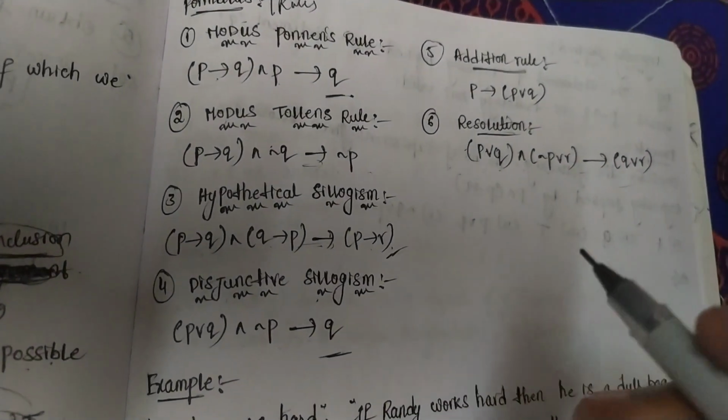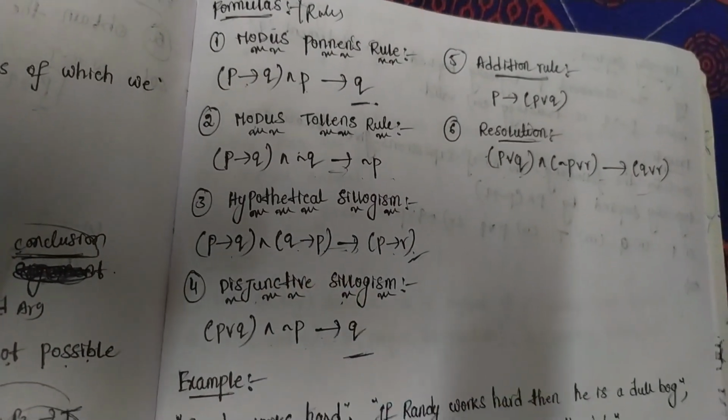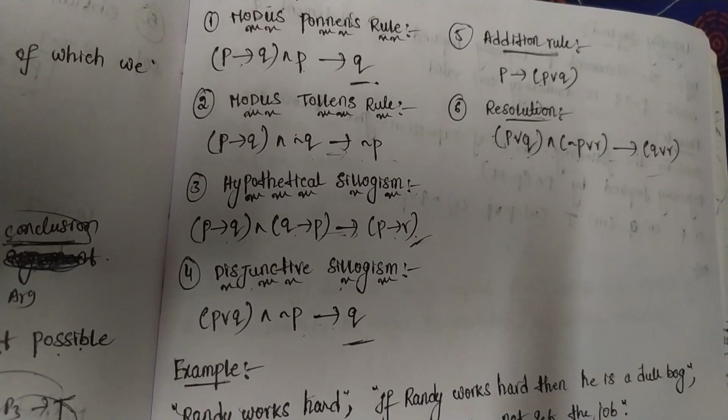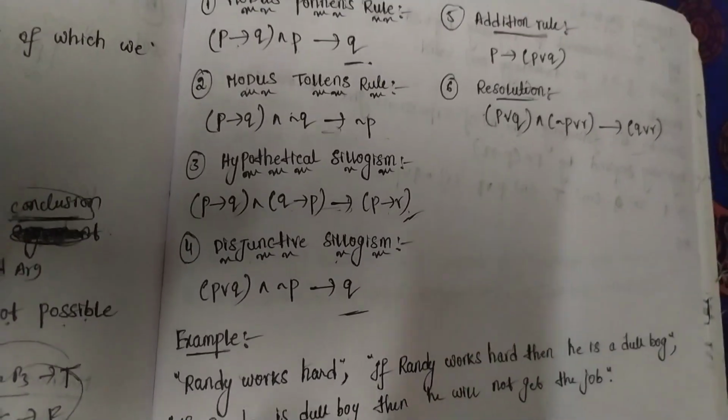Without using a truth table, we use these rules to find whether the given premises and conclusion form a valid argument.